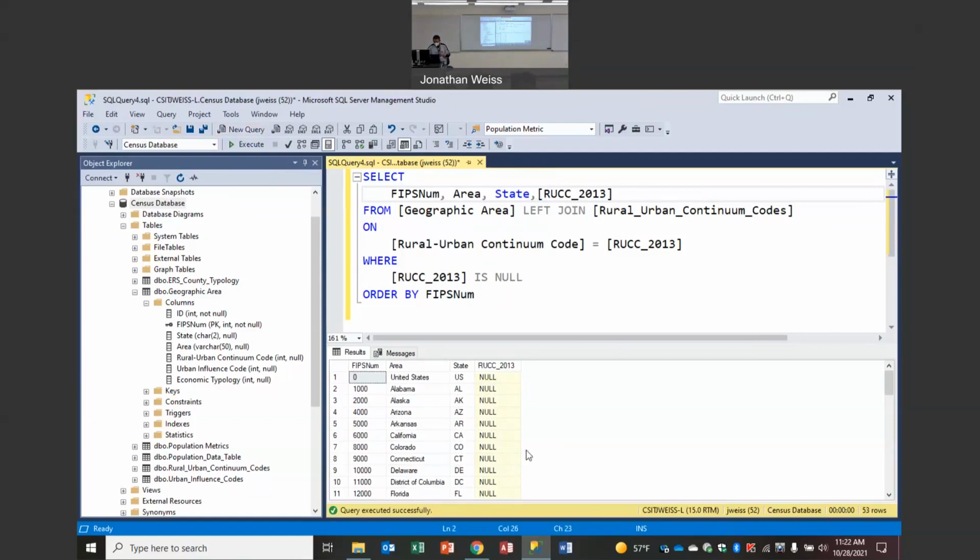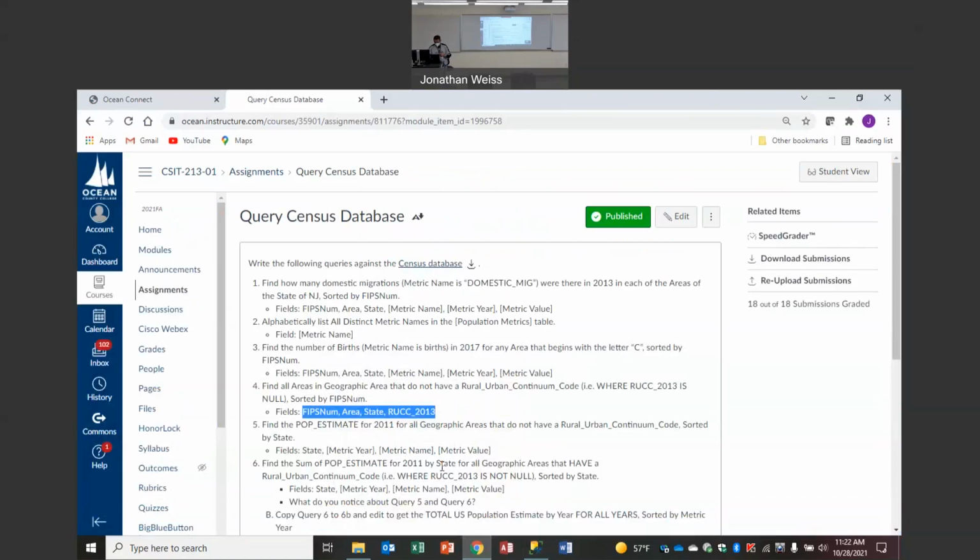All right. I'm going to leave this one up for a minute. We'll need it for number 6, maybe. All right, so we'll do number 5 now. It says find the pop estimate for 2011 for all geographic areas that do not have a rural urban continuum code, sorted by state.